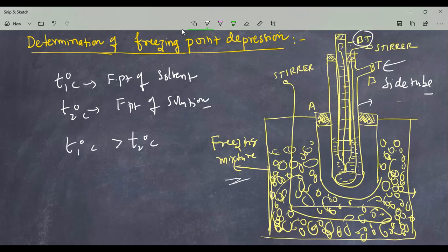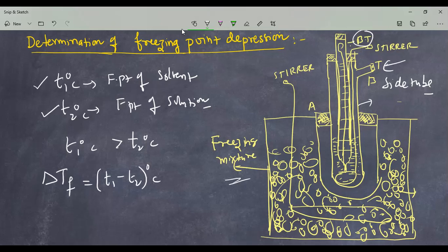So when it becomes steady, the thermometer temperature for the second experiment is noted as T2 degrees Celsius. The first one is T1 degrees Celsius. Now we can easily find the difference, delta TF, which equals T1 minus T2 degrees Celsius. This experiment can be repeated by adding different quantities of solute several times.